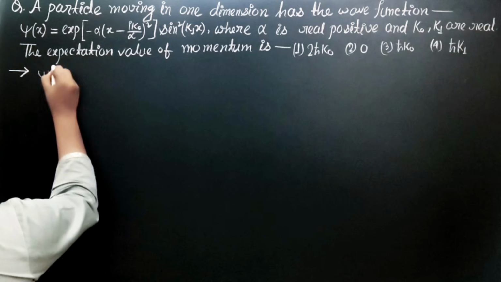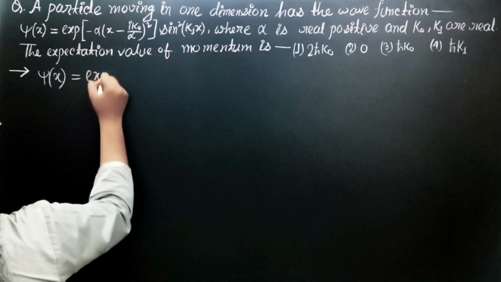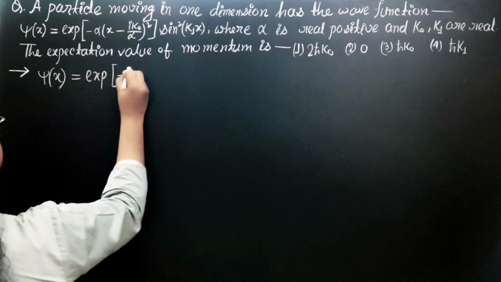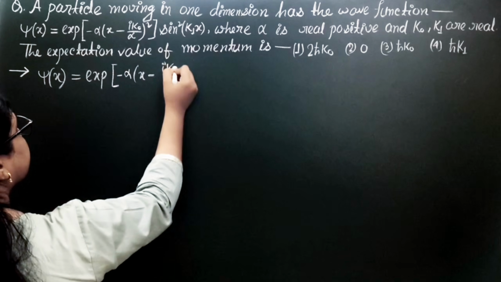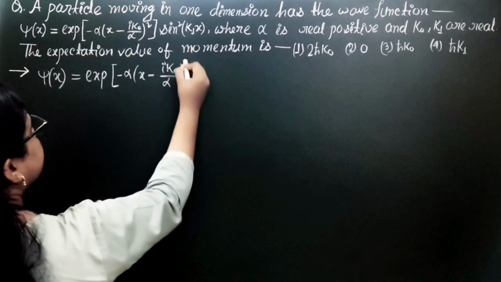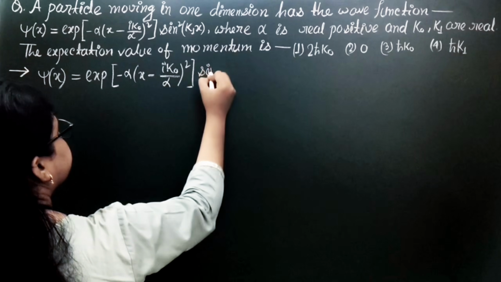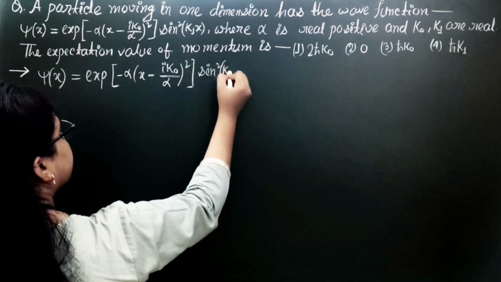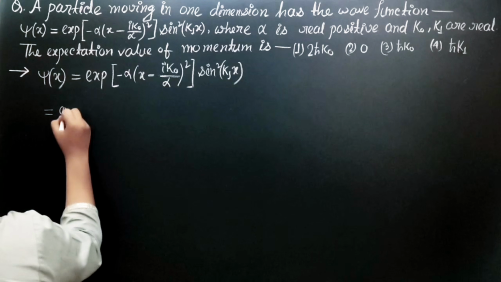So we have to calculate the expectation value of momentum. Our wave function is given, that is psi x, in this form: exponential minus alpha (x minus i k naught by alpha) whole square, sine square k1 x. Now simplify it.